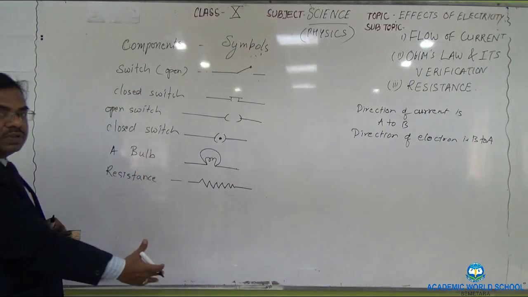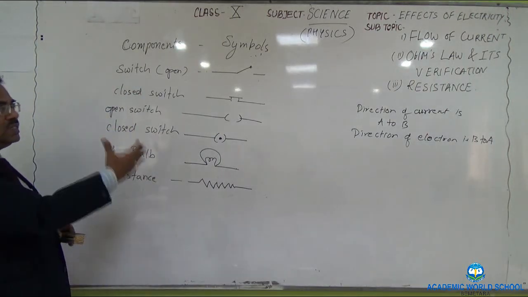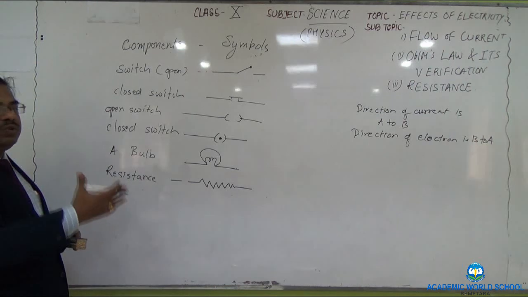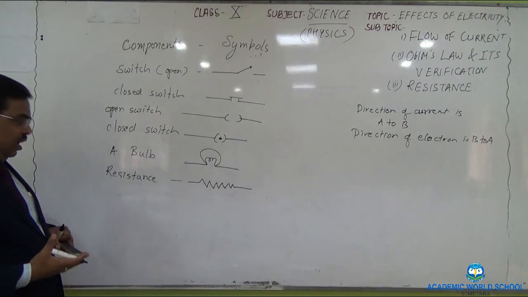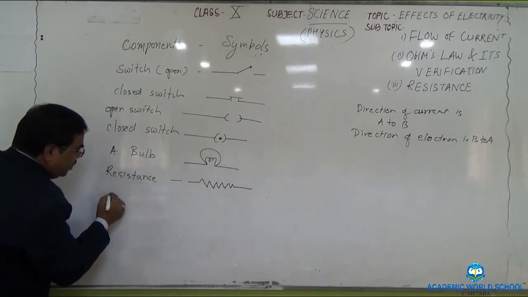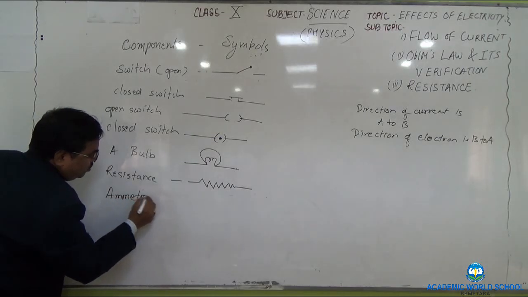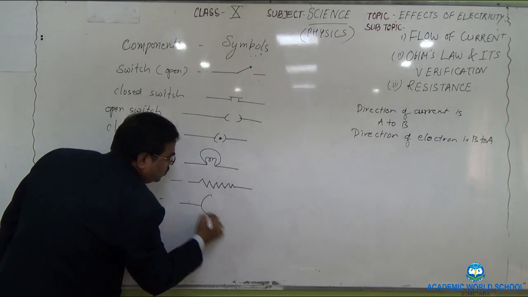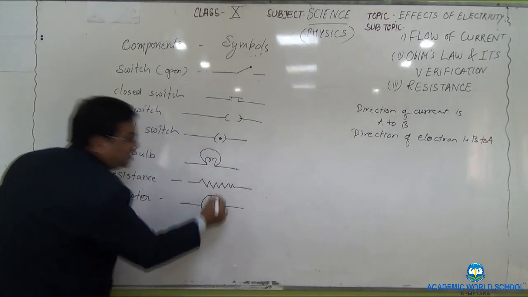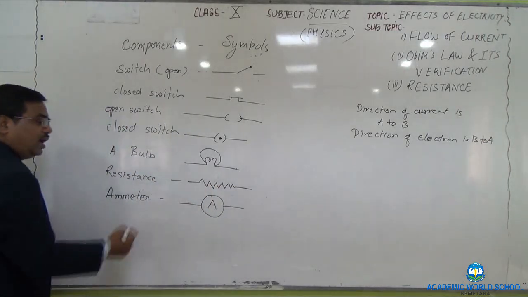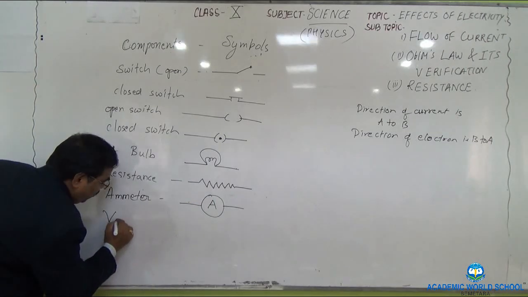These are the scientifically accepted symbols which we are using in our circuit diagrams. Ammeter is shown like this. You make a circle and write an A. Then voltmeter.